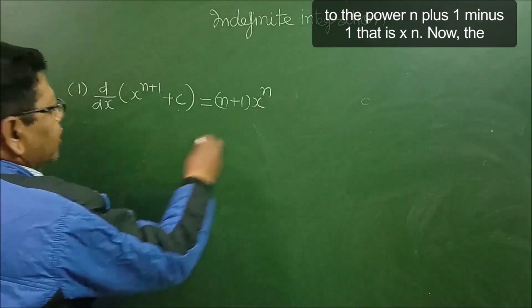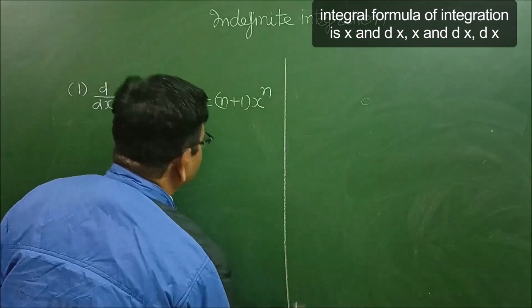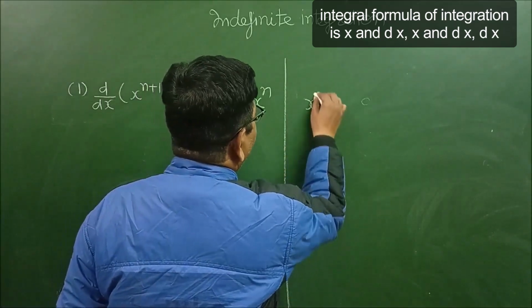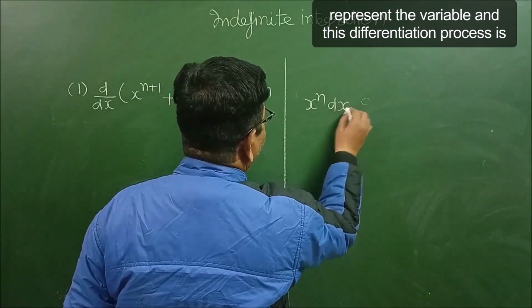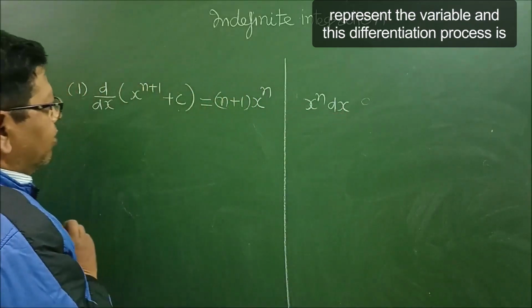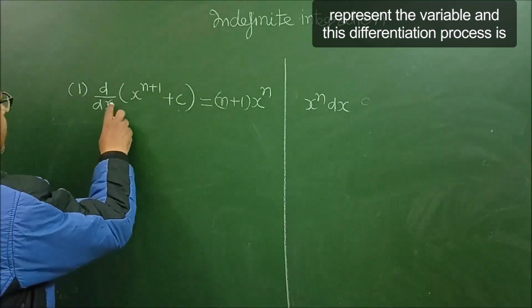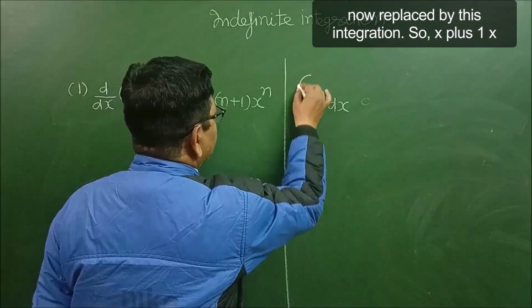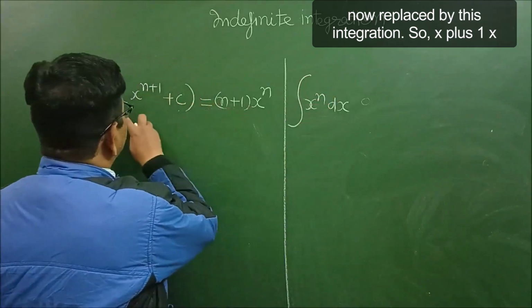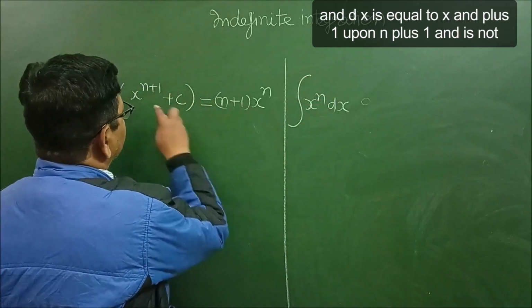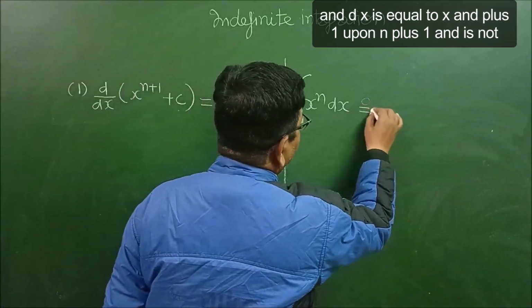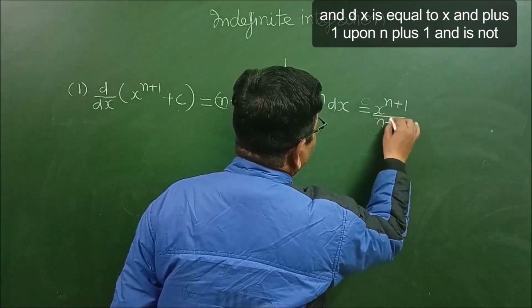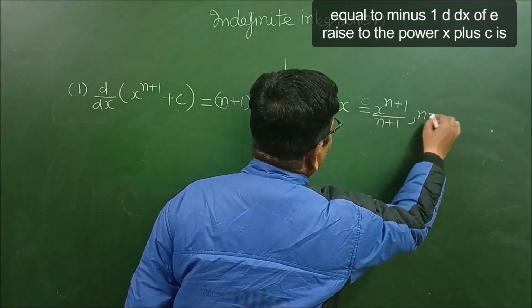Now the formula of integration is x^n dx. dx represents the variable, and this differentiation process is now replaced by this integration. So integration of x^n dx is equal to x^(n+1) upon n+1, n is not equal to minus 1 here.